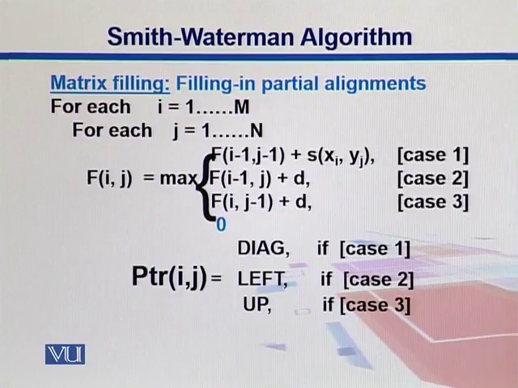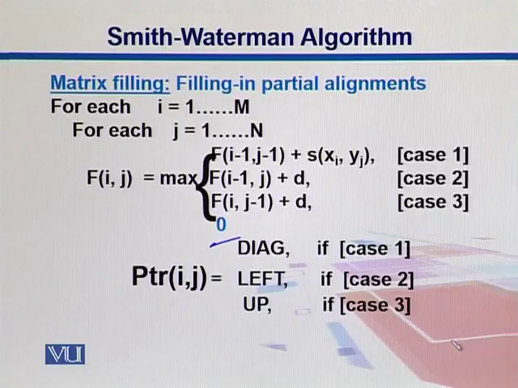What we do over here is fill in the partial alignments. In the same way, I keeps track of M, and J moves over N, where M and N are these two sequences and their lengths. Our scoring function F(i,j) over here has a 0 in it. Everything else is the same.